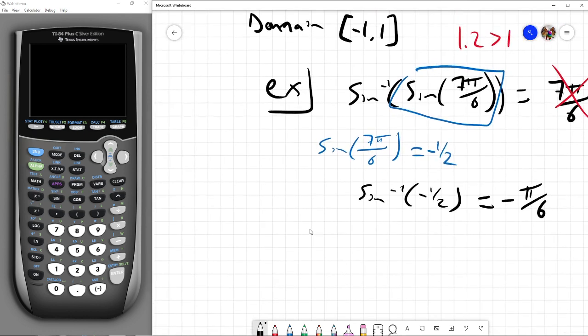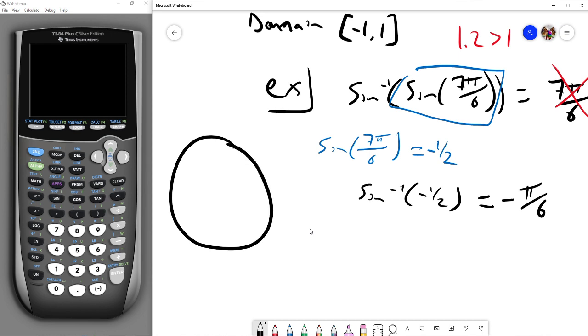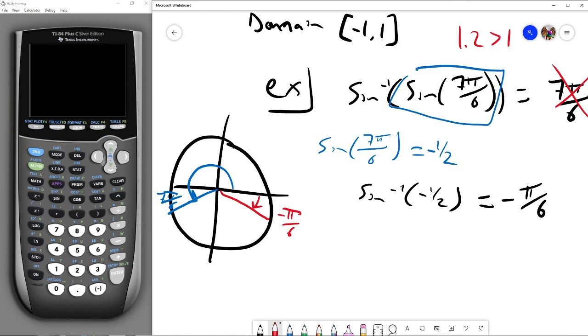So we have to go back to the unit circle again. So here's our unit circle. 7pi/6, that is this angle way over here. And yet I claim our answer is actually this one right here, -pi/6.